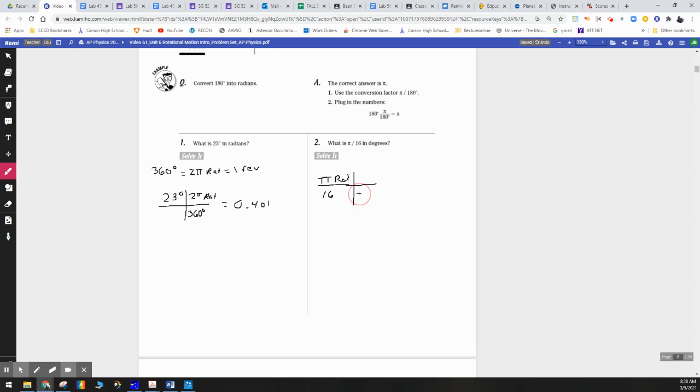We know that there are 2 pi radians in 360 degrees. So here you see the pi's cancel out, and so do the radians. Essentially, we just have 360 divided by 16, which should give us about 22.5.